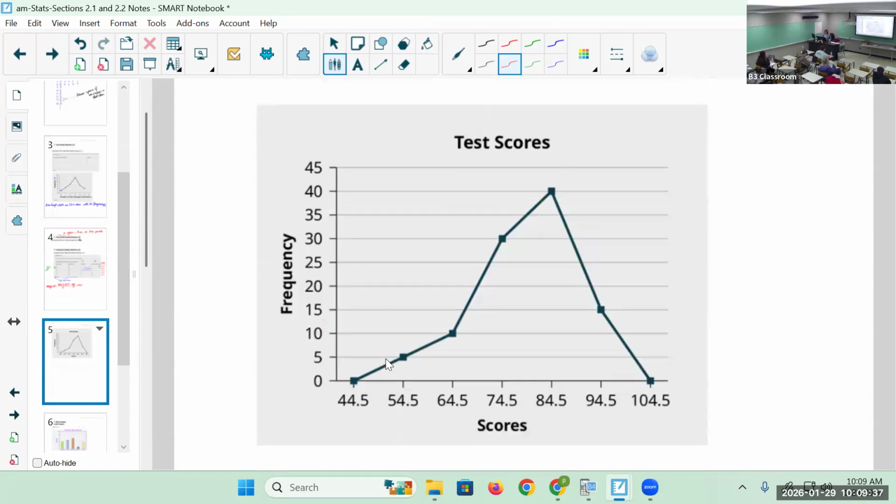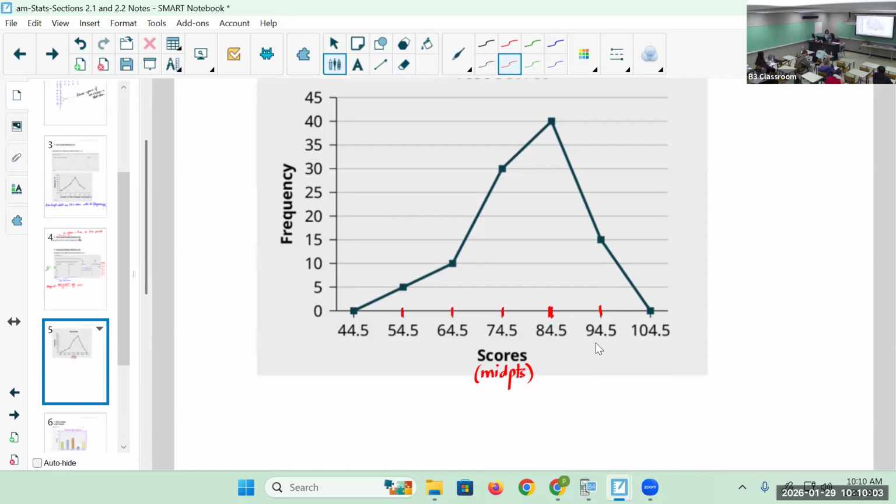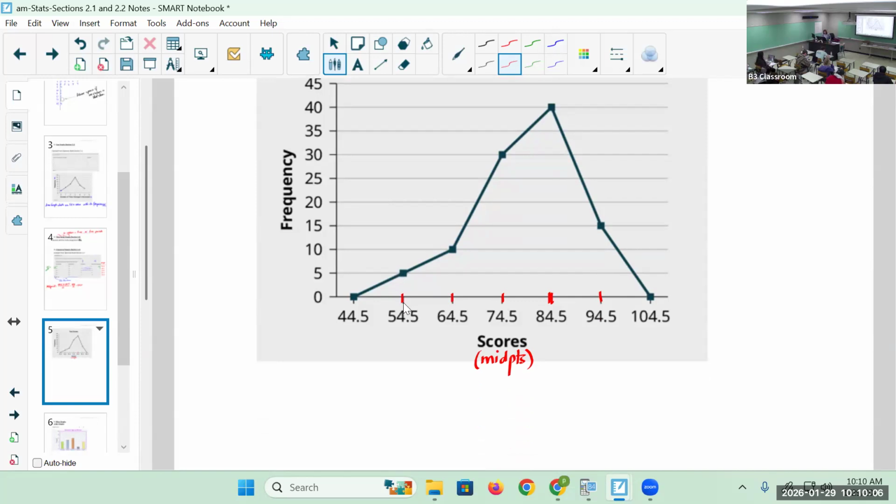I see the midpoints that I found: 54.5, 64.5, 74.5, 84.5, 94.5. I see those, but I see extra. So one thing that is very different with the frequency polygon is that it doesn't start on the first midpoint. It starts before that.